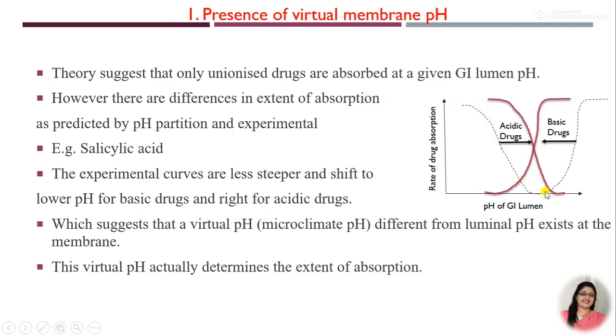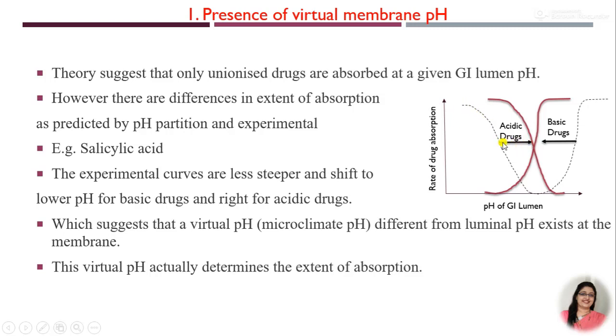So you can see here a black dotted line. Those are the rates of absorption of the drug that are predicted by the pH partition hypothesis, and the other line you can see with a pink color, those are the absorption rates which are observed via experiments. So we can see a slight shift of the curves.